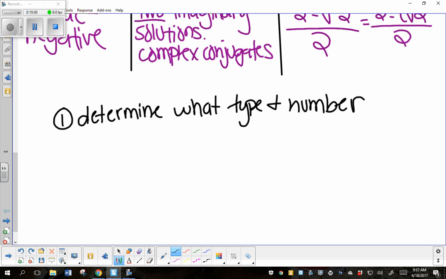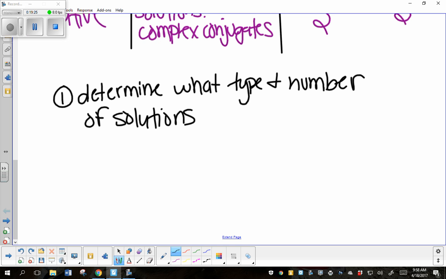All right, so the first examples you guys are going to get are just going to say determine what type and the number of solutions. So it's not going to actually make you solve this quadratic equation and find what x is. It's just going to ask you how many solutions are there, what type are they. So you're going to want to refer up to that chart that we made.